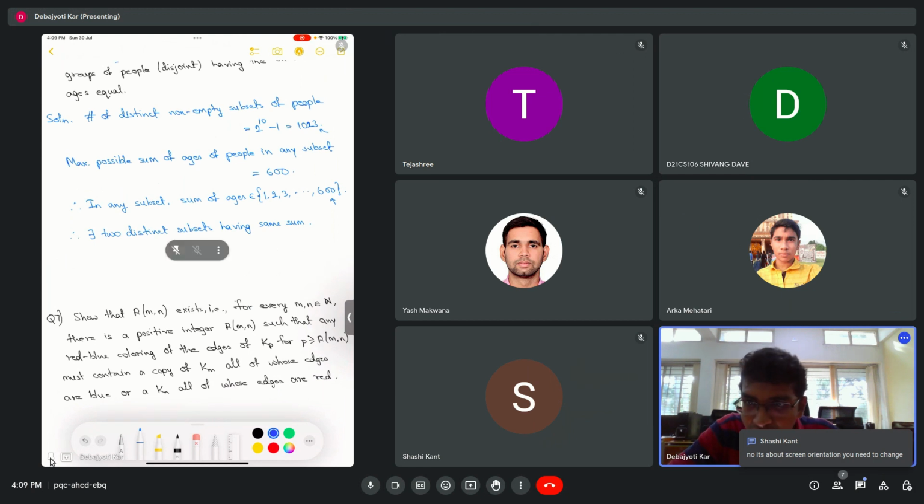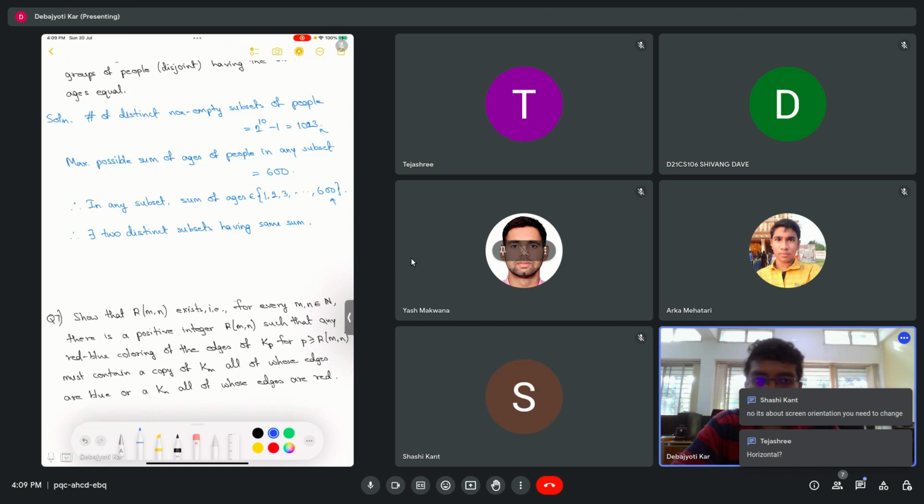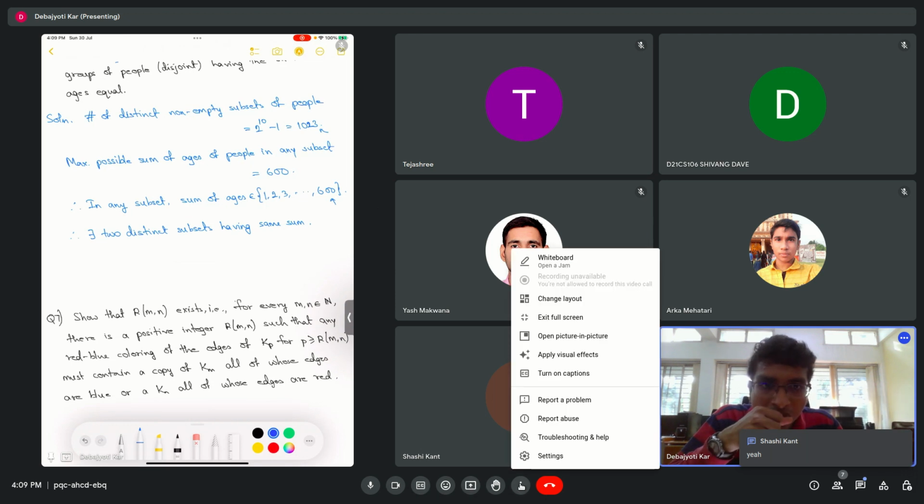Screen orientation. So how do I change the screen orientation? Okay.